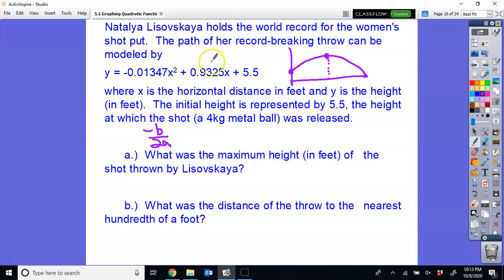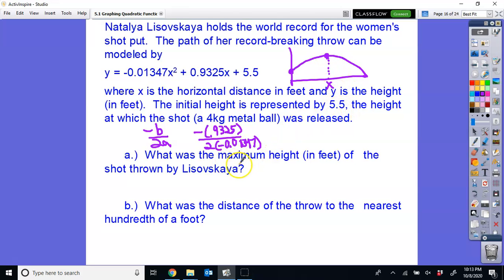I'm not going to do that here just because I simply want to save a little bit of time on this particular example. But you would just take the opposite of the 0.9325 divided by 2 times this ugly -0.01347 on the bottom. And it would give you a number right here that is the x value of my vertex.